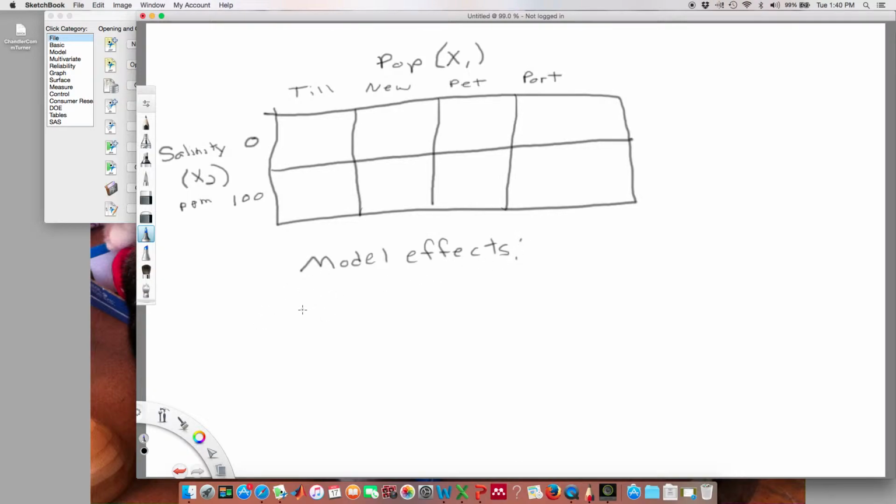We would have our first main effect, and that would be population. So that's our first independent variable. And I'm just going to say that that would equal P. And then we have a second main effect, and that is going to be salinity.